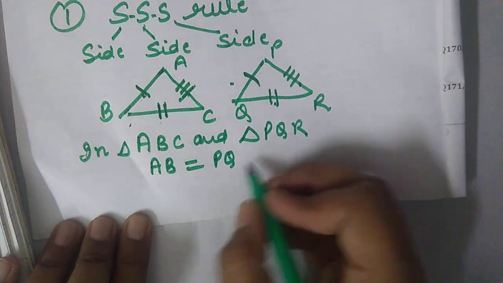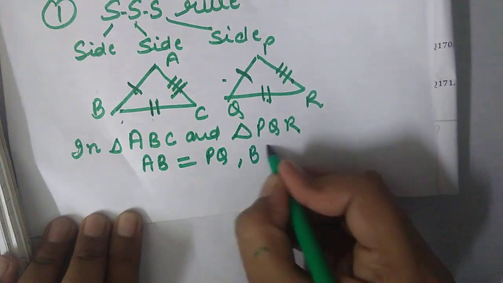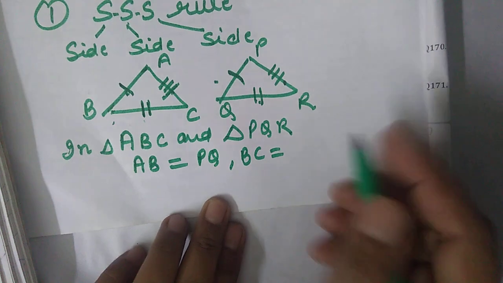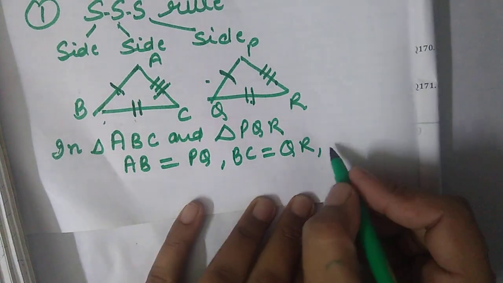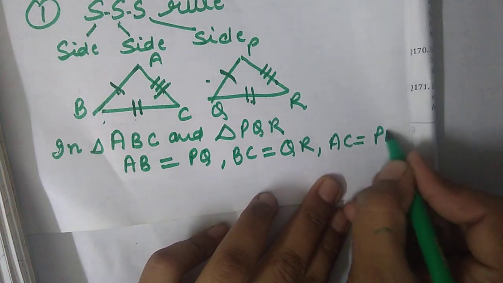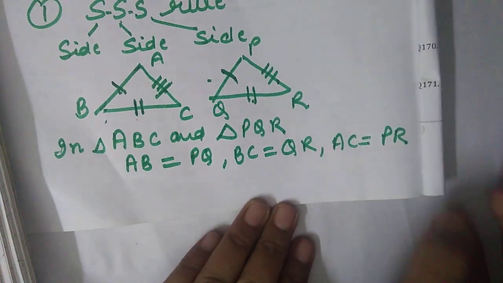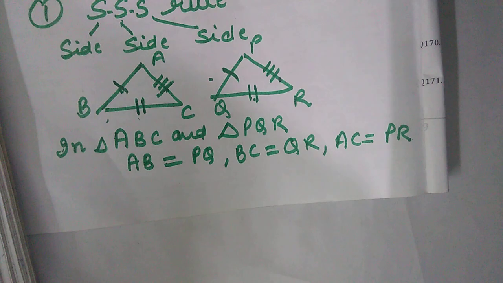This is the first side given. Then BC is equal to QR, and third side AC is equal to PR. We have given these three sides, and we can say according to this rule the triangles are congruent.